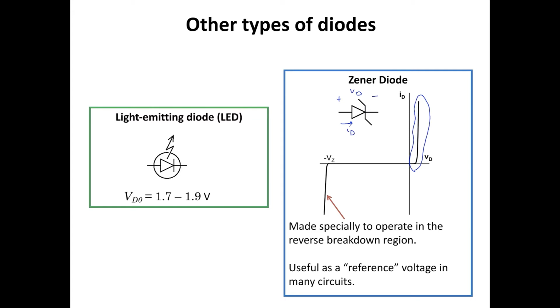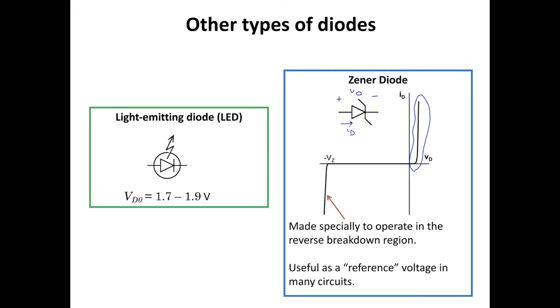So when VD is equal to VD0, the diode is going to start conducting, and in the piecewise linear model, we're going to say that the voltage drop across the diode is going to stay at a constant value equal to VD0.